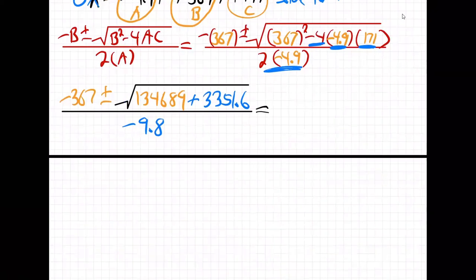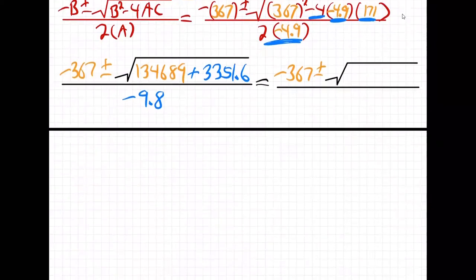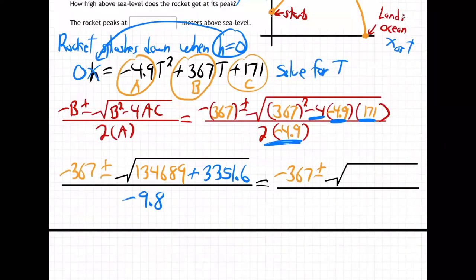But I can do it right here, I think. All right, so I'm getting minus 367 plus or minus, okay, I'm getting 138040.6 in there over minus 9.8.